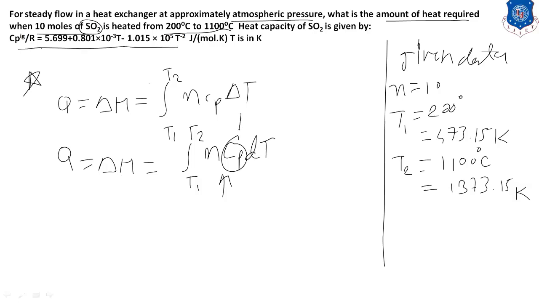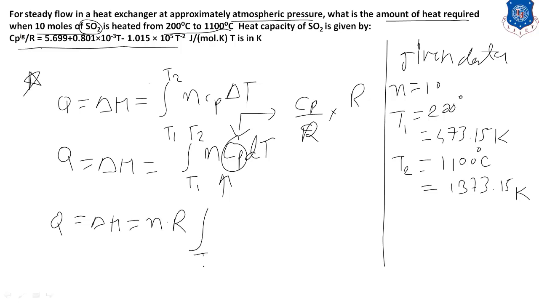That's why we have to replace this Cp by Cp upon R. If we want to replace this, then we have to multiply and divide with R. So let's multiply and divide with R in this equation. We will get delta H is equal to N into R, integration of T1 T2 Cp upon R dT.